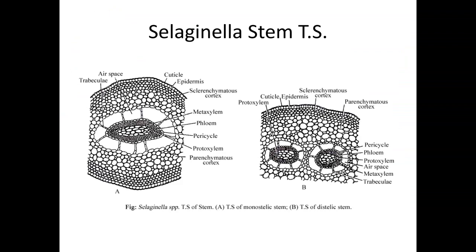One cell thick epidermis is followed by a many cell thick region known as the cortex. Cortex is divisible into two parts: outer cortex and inner cortex. Outer cortex is sclerenchymatous. The cells are thick walled, have lignin deposition, and are compactly arranged. While the inner cortex is made of parenchyma tissue.